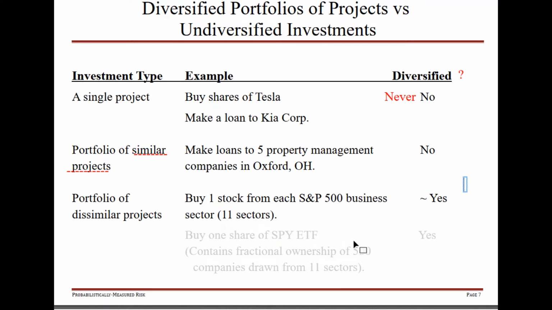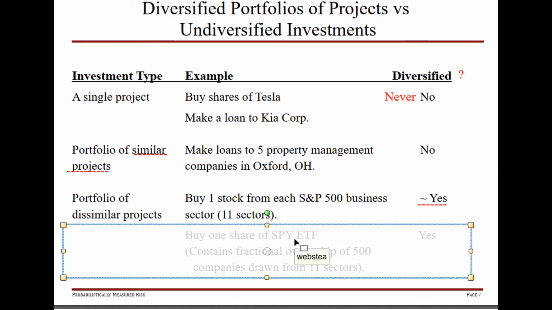So if we bought, for example, Google and we bought GM, which would be consumer discretionary, et cetera, and we bought 11 of those, then we'd be kind of diversified, right? Because it's not necessarily true that the medical industry, which is one sector in the S&P 500, is going to be doing very badly in a recession when consumer discretionary companies like GM are going to be doing badly. So that might help us.